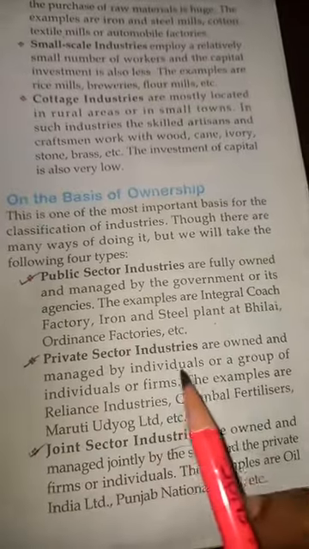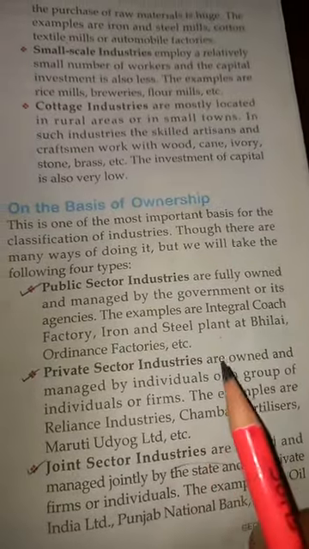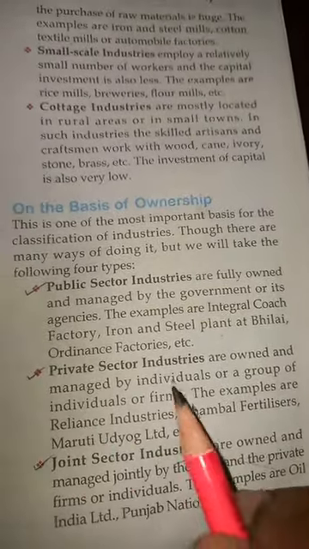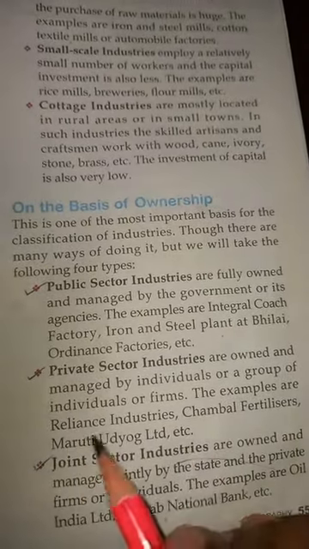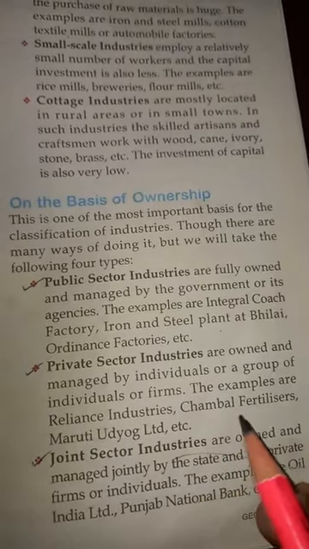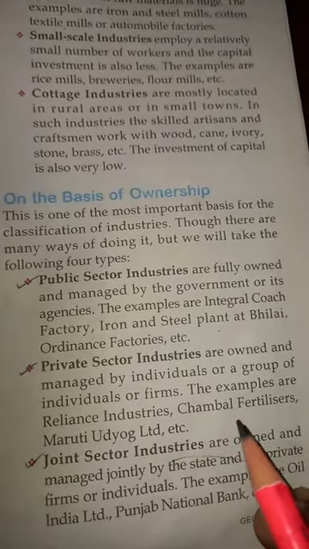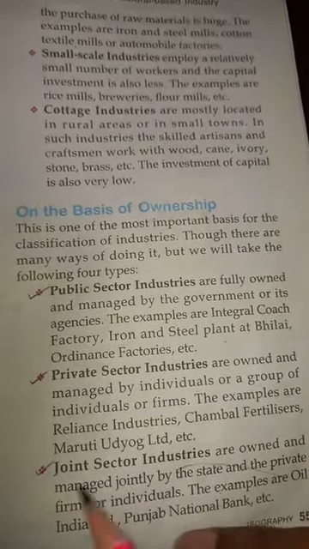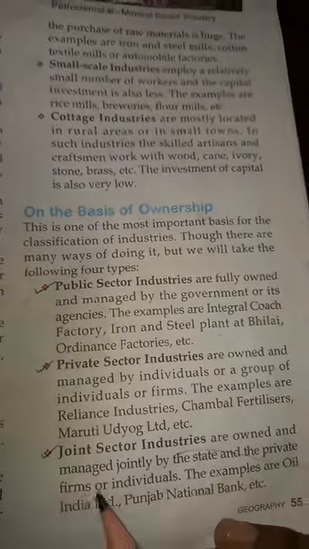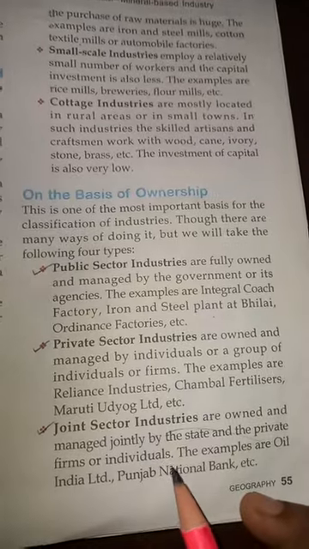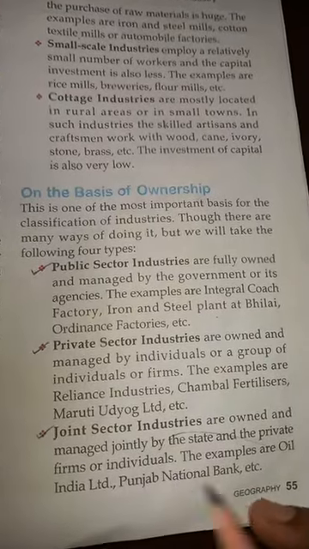Second is the private sector, and industries are owned and managed by an individual or a group of individuals or firms. The examples are Reliance Industries, Chambal Industries, Maruti Udyog Limited. Third is the joint sector, where industries are owned and managed jointly by the state and private firms and individuals.